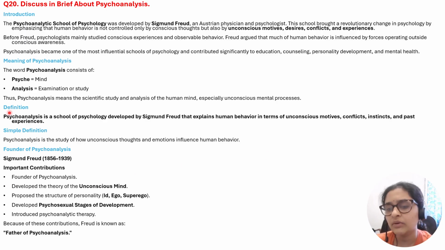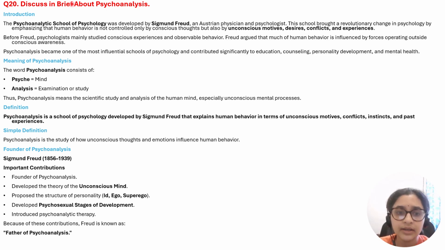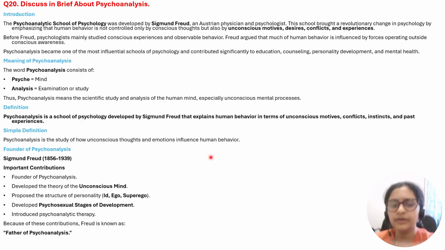Sometimes unknowingly we bring our past experiences into the present. That is unconscious. Unconsciously we bring past incidents that happened in our life to the present situation. Okay, psychoanalysis deals with that. It is a study of how unconscious thoughts and emotions influence human behavior.